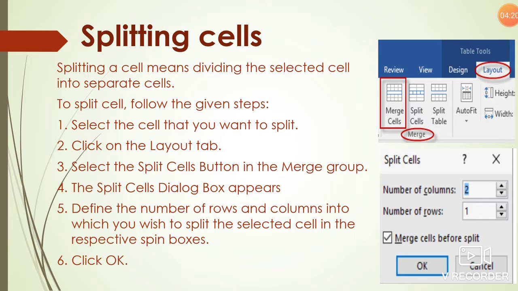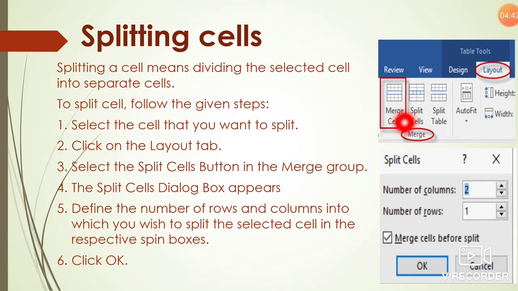For this first you have to select the cell which you want to split, then under the table tools option select the layout tab. You can see the layout tab, then in the merge group the split cells option is there. So select this split cells option.